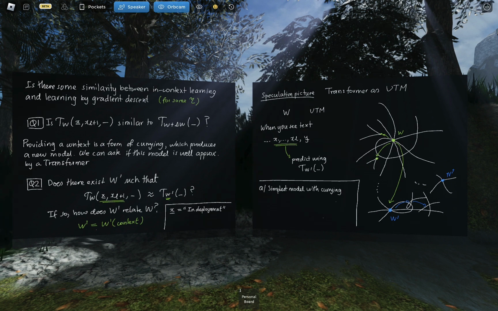So W prime becomes very good at predicting the next English word, and W prime becomes very good at predicting the next French word. And then the original W, it's not so clear that it's actually solving any of those problems individually. I don't know.